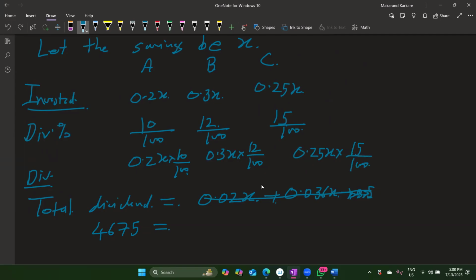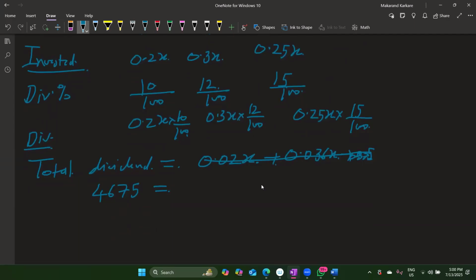So that's going to be 2 upon 100 x plus 3.6 upon 100 x plus 3.75 upon 100 x.